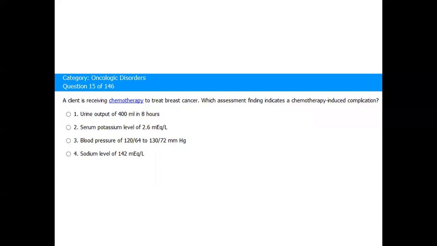Right? But whatever the side effect, we have to choose the answer from the following options. So number one says urine output 400 ml in 8 hours. So what is the normal urine output per day? If you know this, it would be easy to find out. Usually normal urine output is about 3 liters each day.